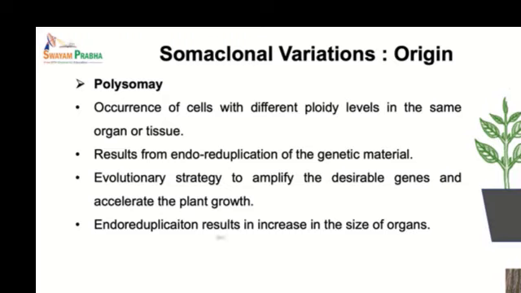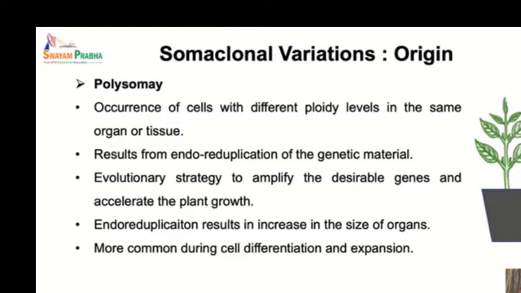Endoreduplication usually results in an increase in the size of the tissues or the organs. However, the signals that are necessary to change the classical cell cycle to endoreduplication are still not clear.